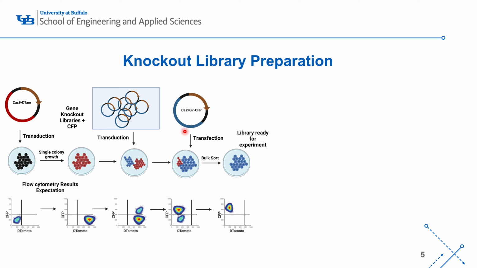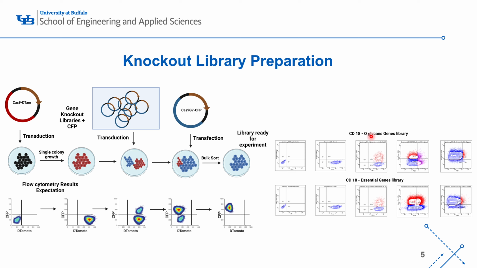What it does is deactivate the Cas9 gene, so cells will be devoid of the red color and will only have the CFP color after sorting. Now we are left with libraries that are CFP positive and have the knockout genes, and all the genes used in the library are knocked out.